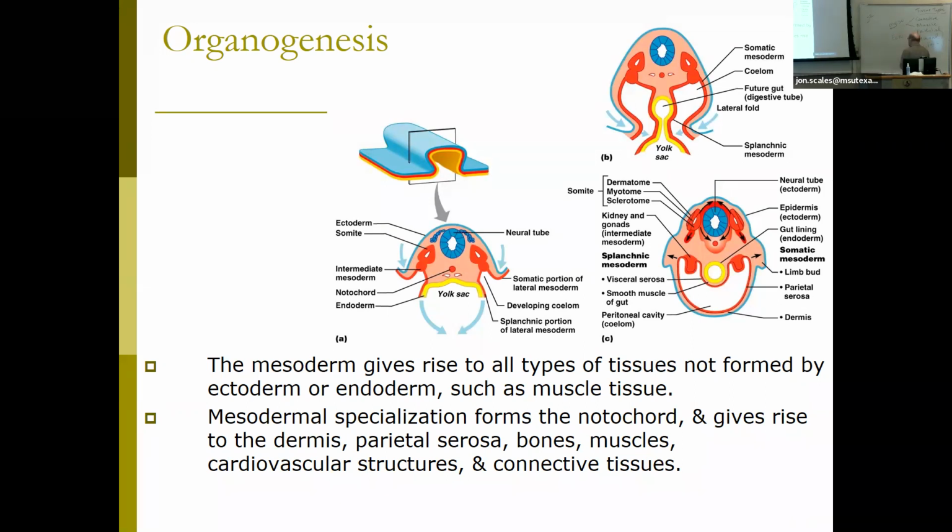So an inductive event is when one cell layer can talk to another cell layer. So, for example, the mesoderm, the early mesoderm, the notochord, for example, sends signals to the ectoderm and causes it to change into neural tissue.